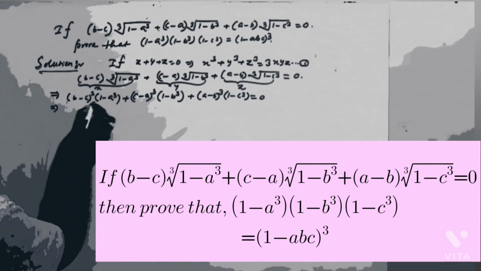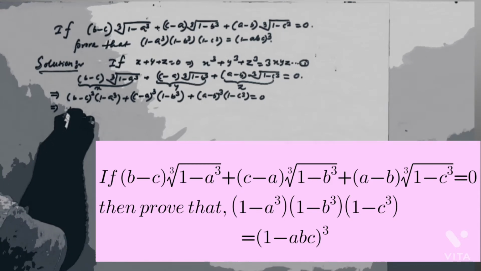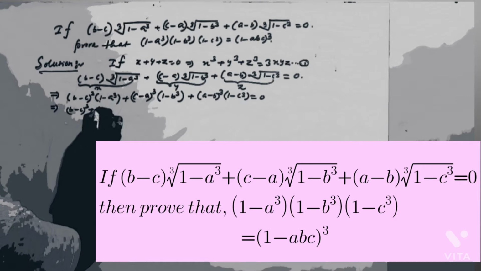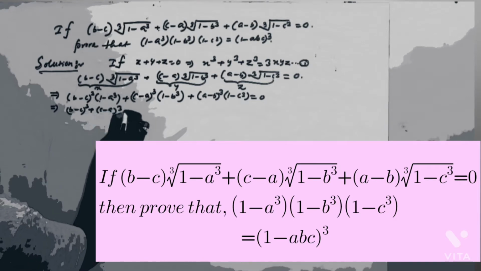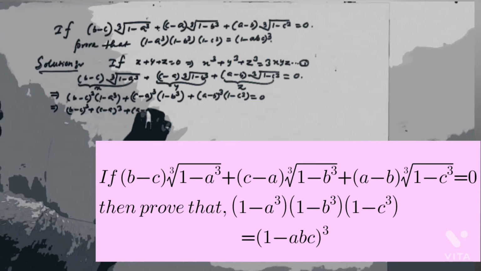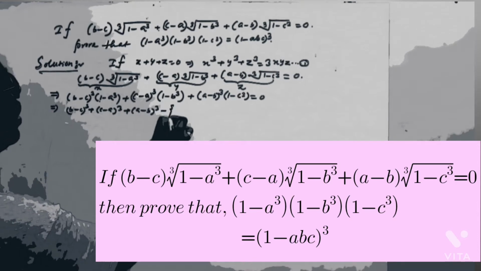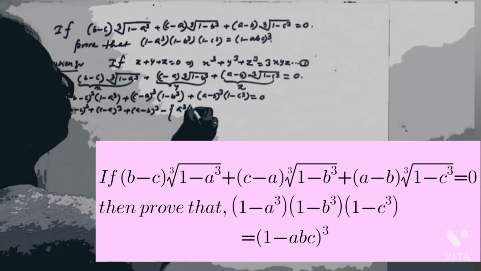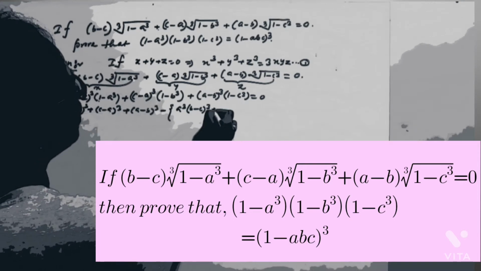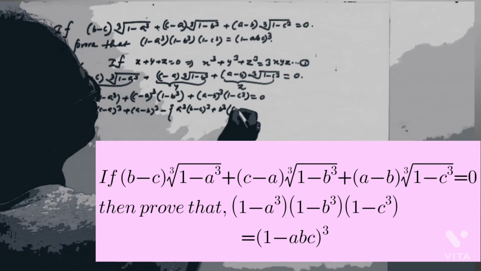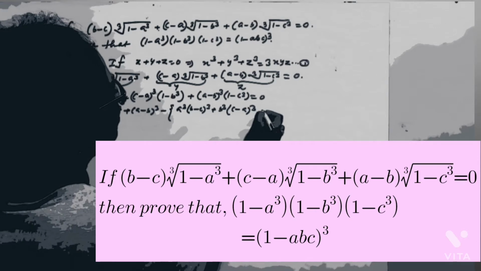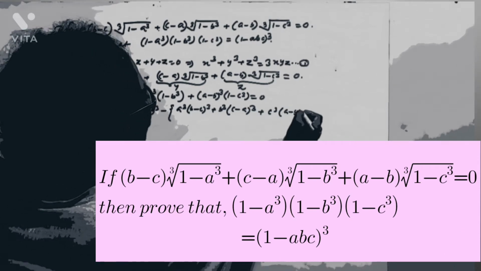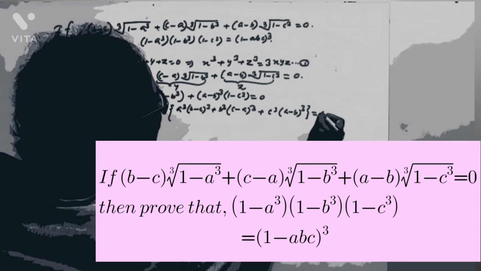Implies that if we multiply by here 1, then this is (b minus c) whole cube, then we get here (c minus a) whole cube, and here (a minus b) whole cube, and this is a cube into (b minus c) whole cube, and b cube (c minus a) whole cube, and c cube (a minus b) whole cube equals 0.